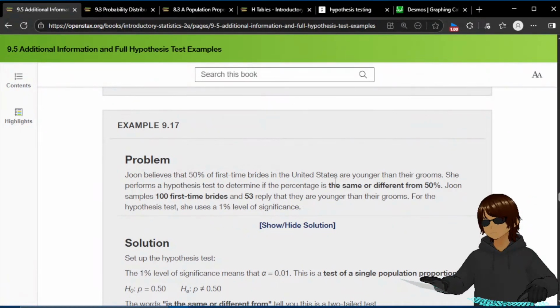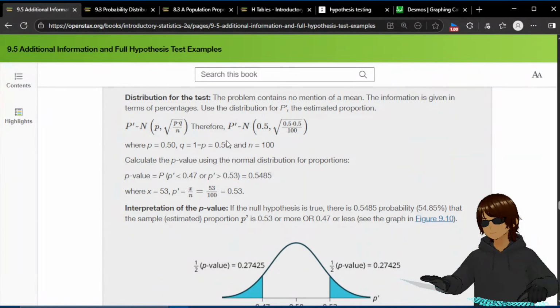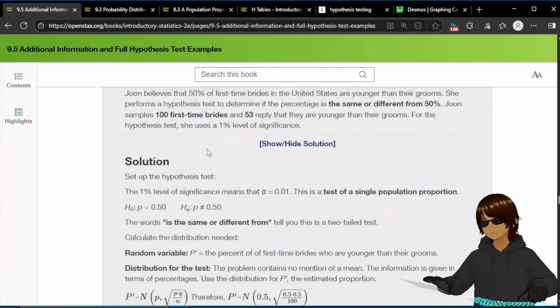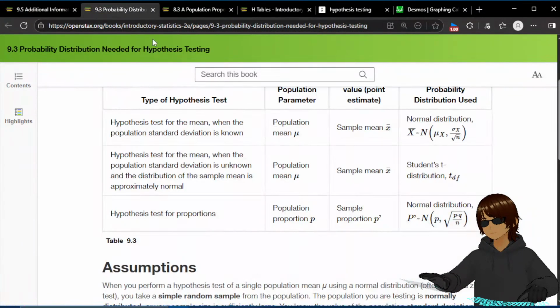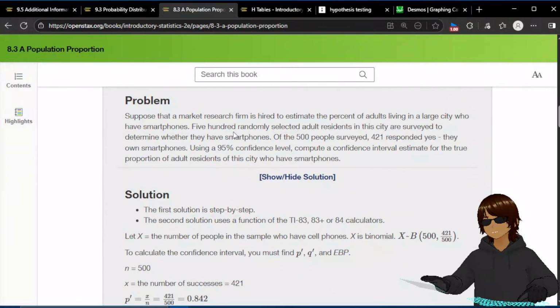I mean, it says 50%, right? So in the previous problem, what was the mean that they took?